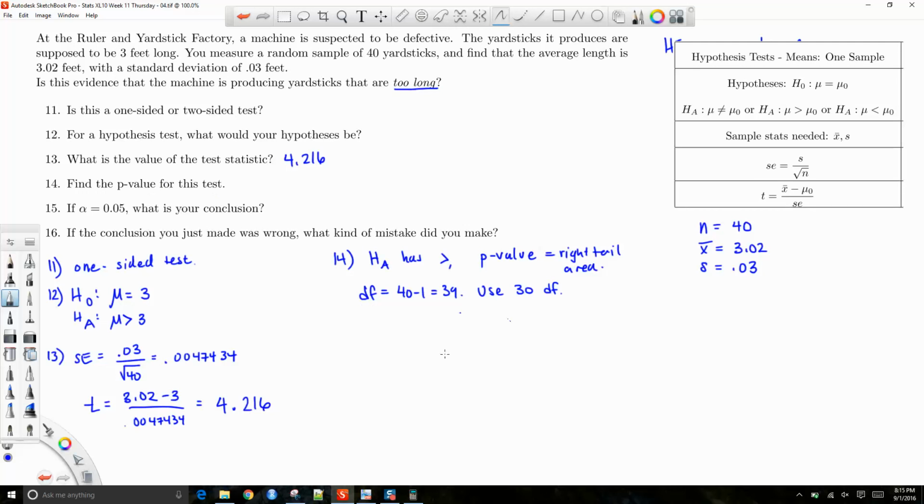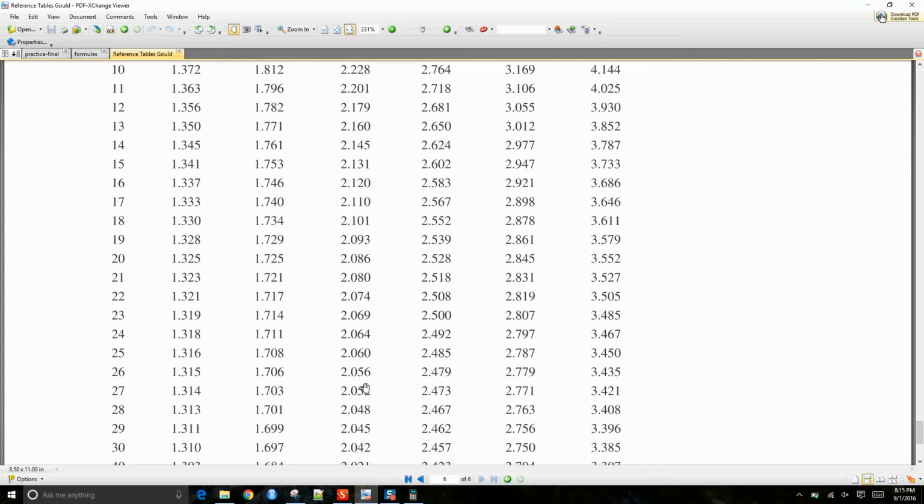We're going to use 30 degrees of freedom, and we look for the number 4.216. At 30 degrees of freedom, we see 4.216 is larger than the last number there, 3.385.